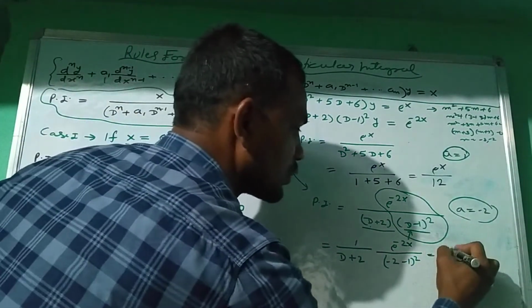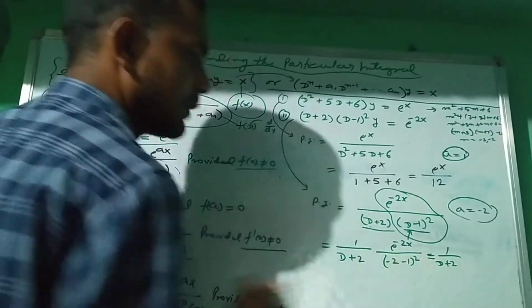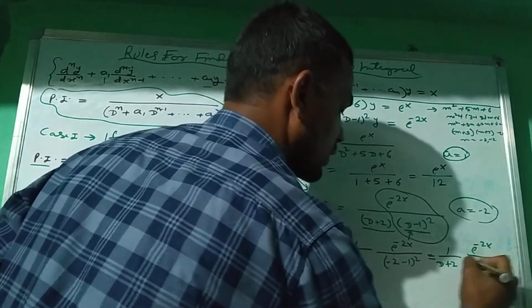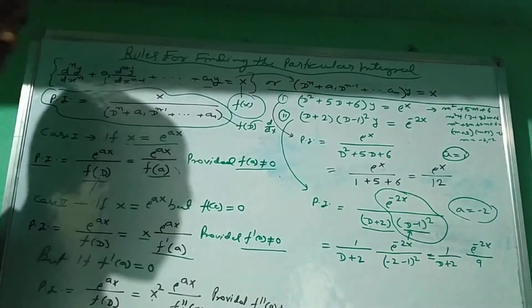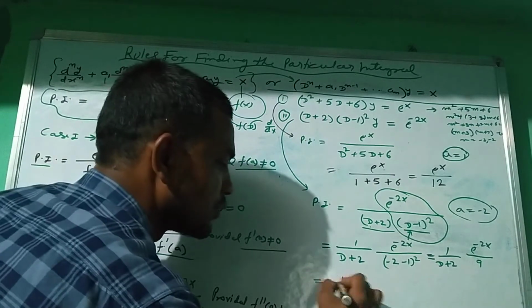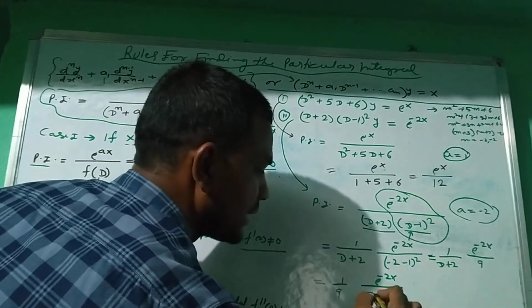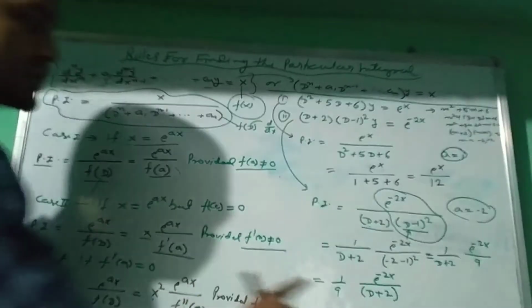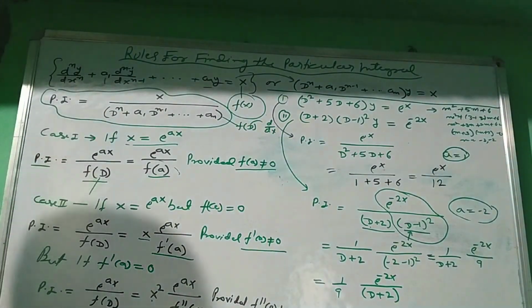Now this converts to 1 upon D plus 2, e to the power minus 2x upon minus 3 to the power 2 equal to 9. Now the second part is 1 upon 9, e to the power minus 2x upon D plus 2. Now when you put minus 2 here, then the denominator converts to 0.